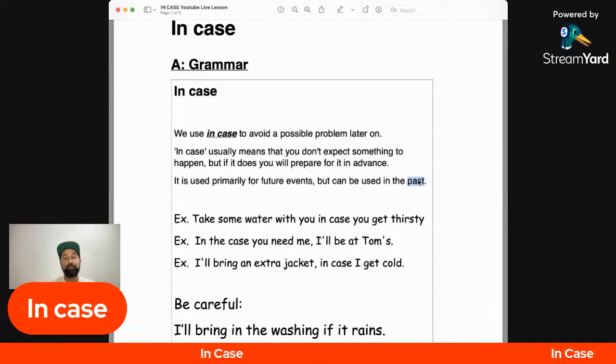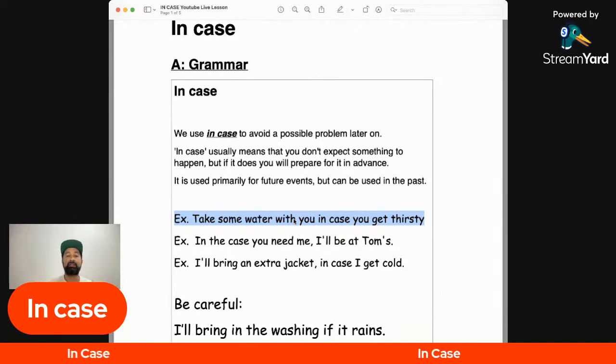So let's look at an example sentence. The first example sentence here, I have it highlighted in blue. It says, take some water with you in case you get thirsty. All right, so one more time. And back home, please shadow along with me.